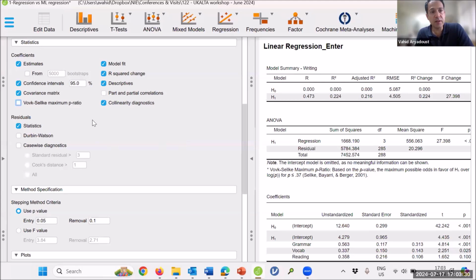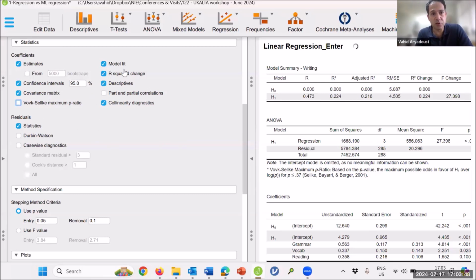The next thing is, if you like, you can also look at the covariance matrix. Vovk-Sellke maximum p-ratio, I'm not very sure how this may be useful in our case. I don't make my regression too complex. I think I'll just stick with these.